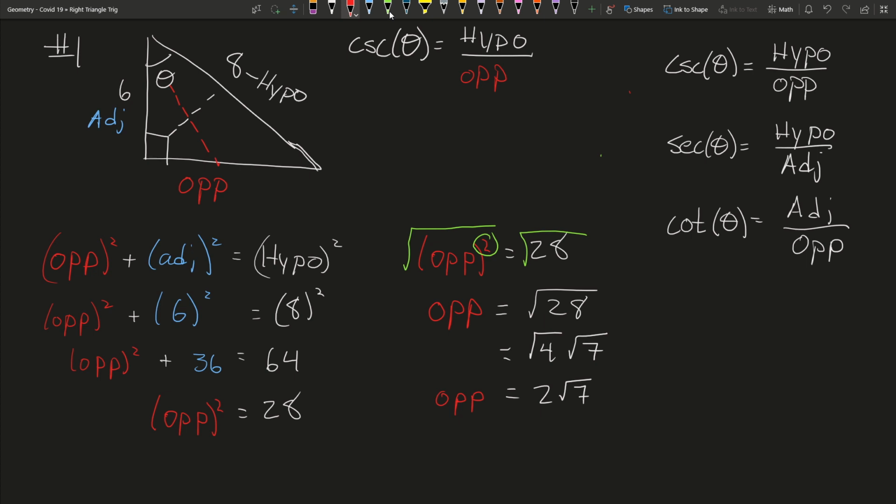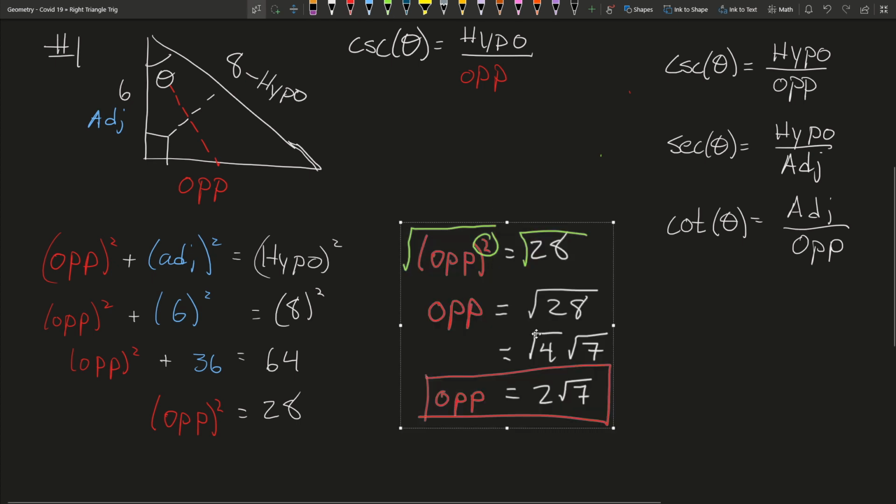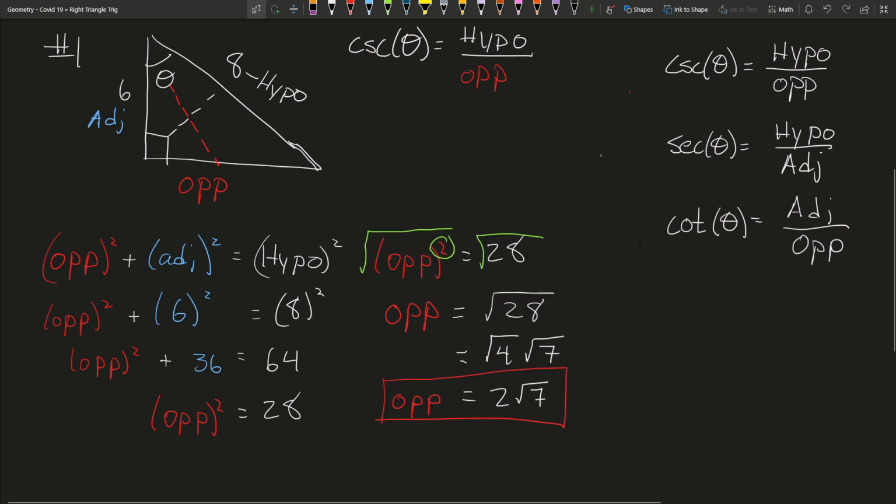Okay, so then we have our opposite side. We can plug it into our trig function.